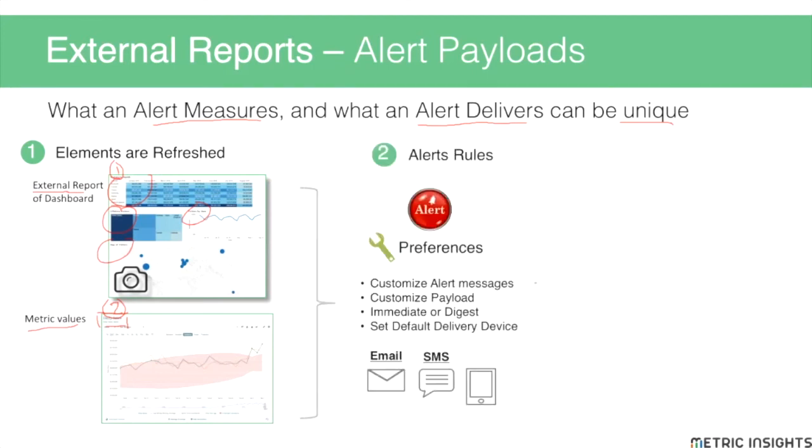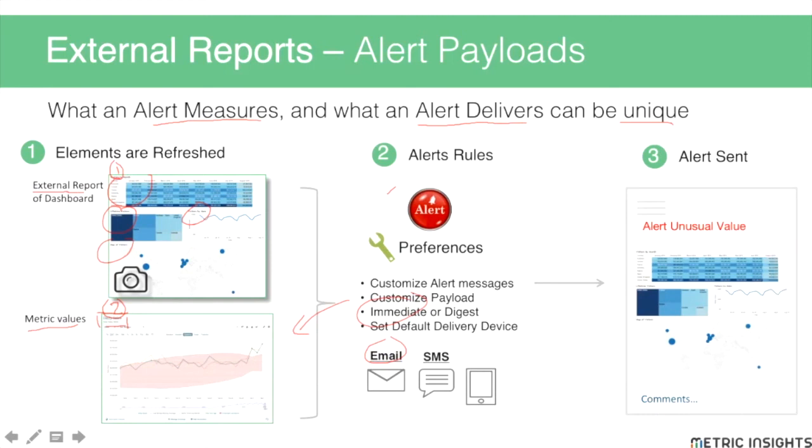Regardless, we have set a rule that says when the alert condition is detected, immediately fire an email. The alert rule is against the metric, but when satisfied, we can configure a payload. In this example, it's our dashboard from Tableau. Each alert is configured with one payload, which can be itself or any other element in Metric Insights.